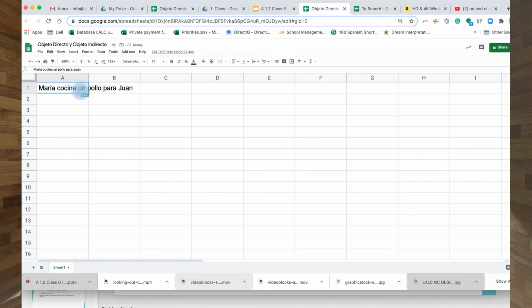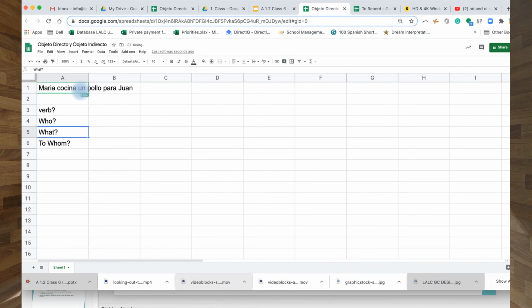Okay? First of all, my students get tempted not to do this, but you have to always put first the verb. Then who does the action? Then what about the action? And then to whom?